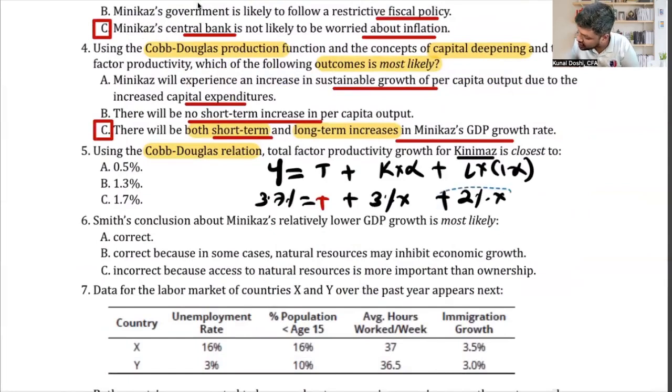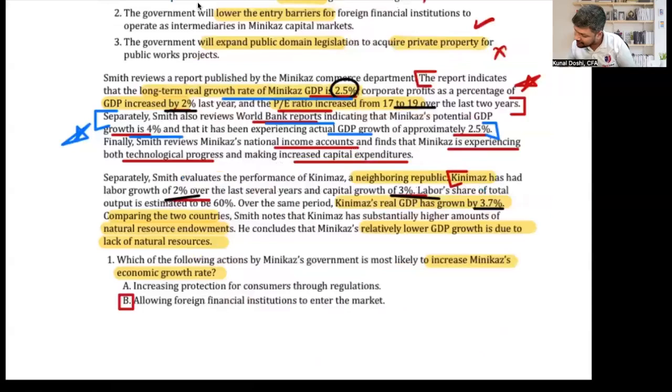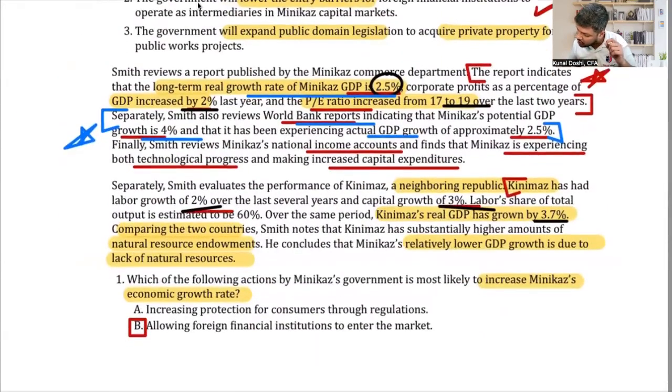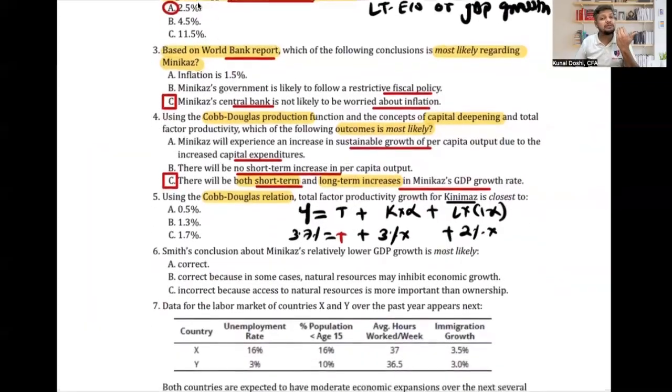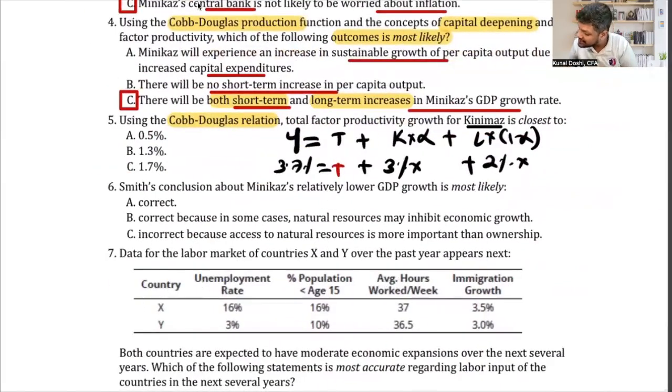But now I need to know the share of labor and capital in the economy. They have mentioned that the labor share of total output is estimated to be 60%. So 60% is the labor, which means capital is going to be 40%. Am I correct? Yes, all the inputs we have. So let us find the TFP.